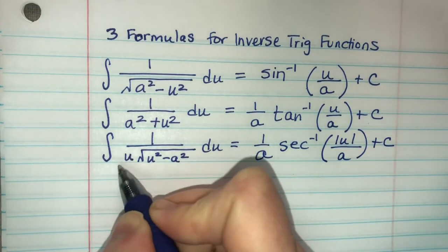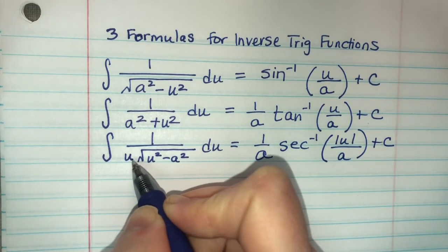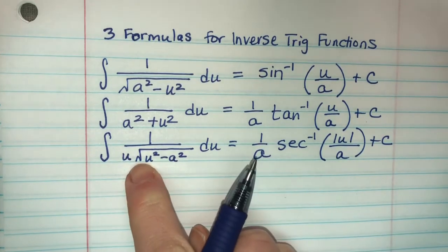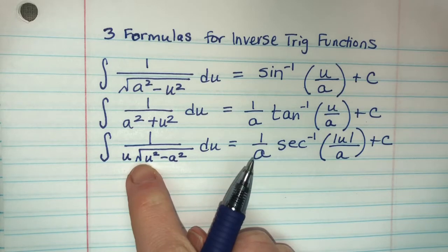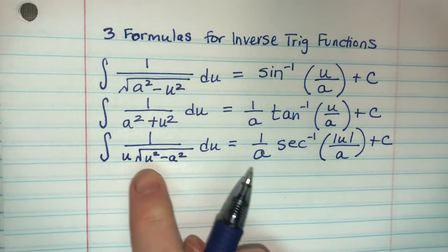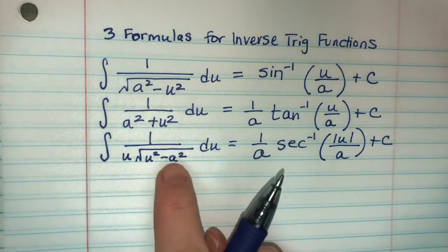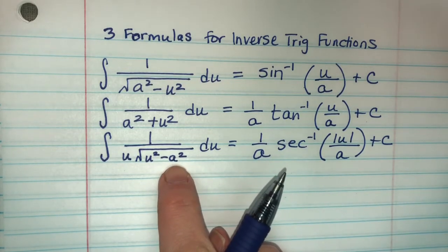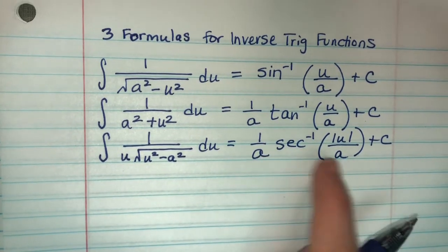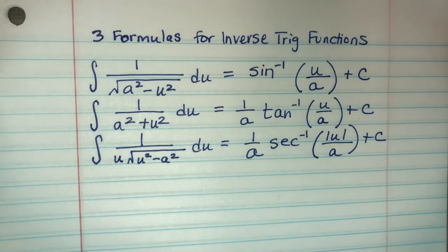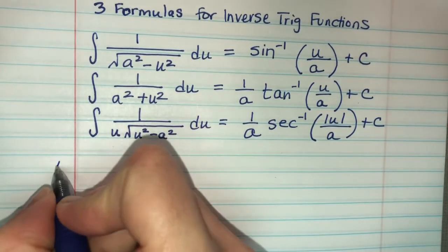And sometimes you'll see the absolute value bars around the u that is outside the square root in the denominator as well. So again, this is very much like your inverse secant rule that we've used, but it was a 1 here before, and now this could be a 1, but it could be any other constant as well.